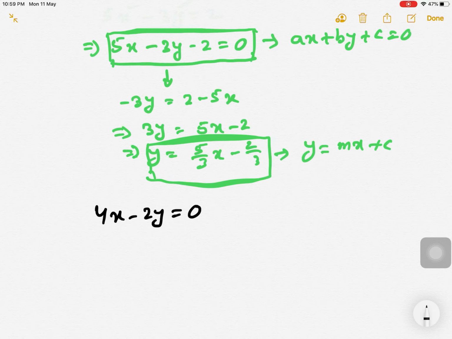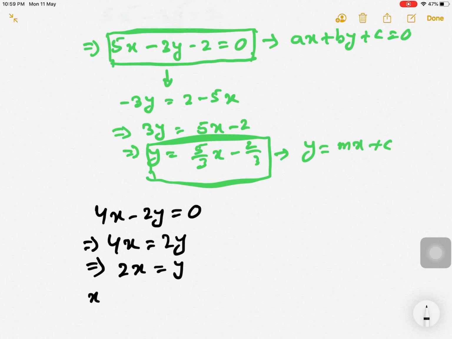Then I can take different values of x and y for which this equation is satisfied. Now what are the different values? I can take 4x equal to 2y. If I divide both sides by 2, I get 2x equal to y.